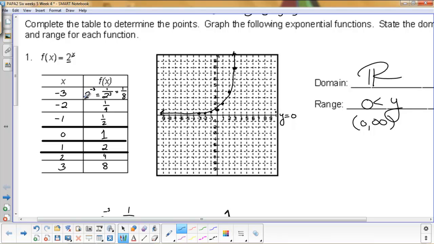From your properties of exponents, you remember that when you have a negative exponent in the numerator, you simply take its reciprocal or move it to the denominator of the fraction. That's how it turns into 1/8. -2, 1/4, -1, 1/2, so on and so forth all the way through.